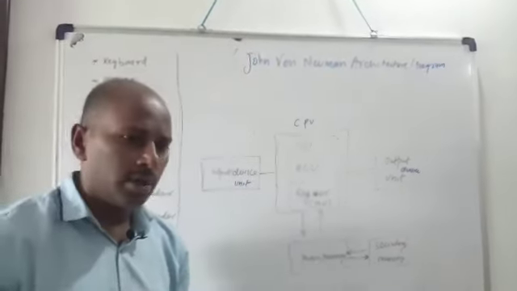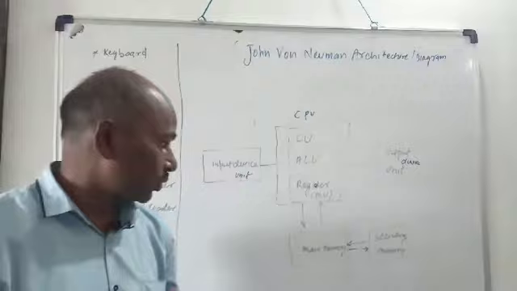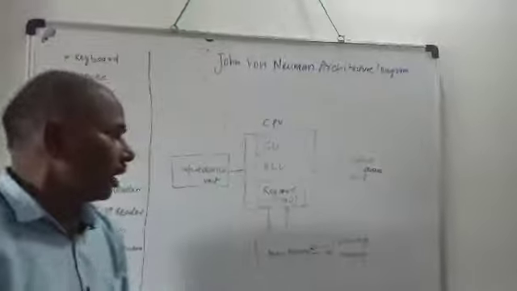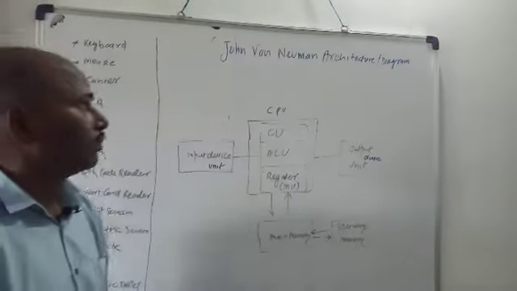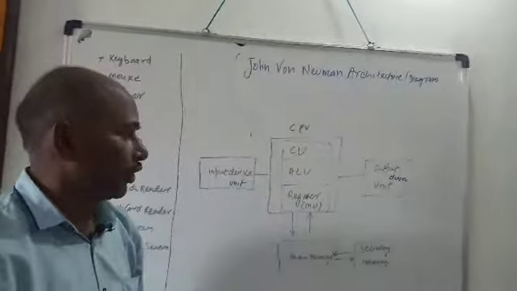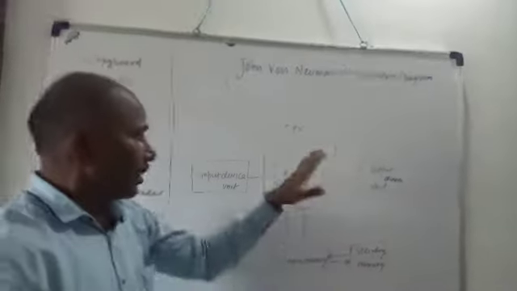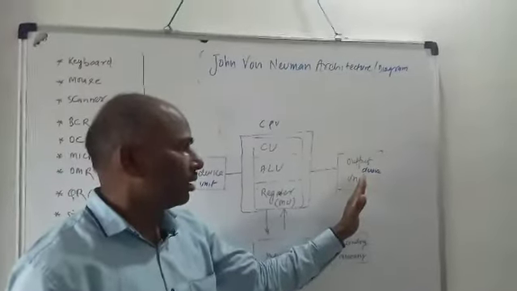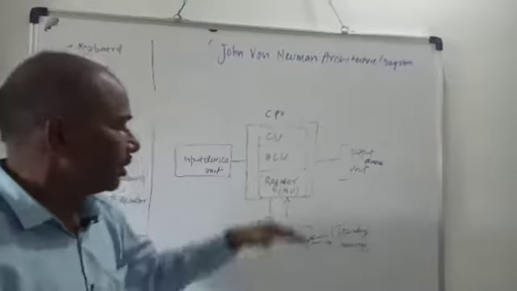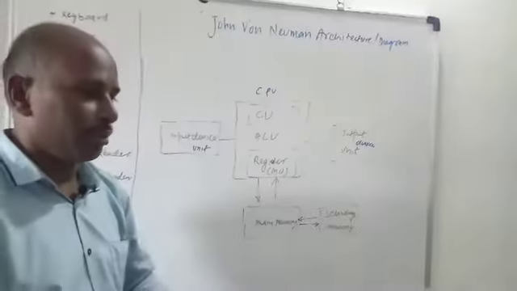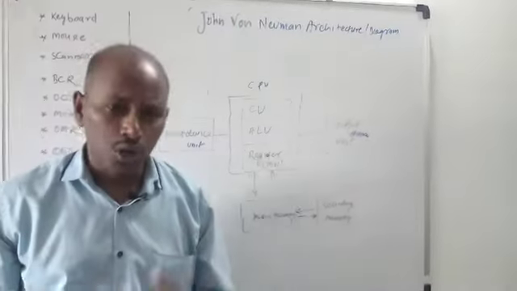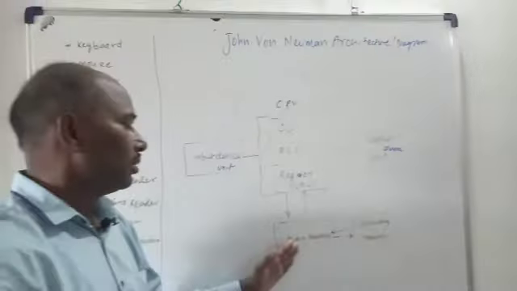This register stores the intermediate result for a few seconds, and this concept is very popular and was given by John von Neumann. After processing and before sending the data to the output unit, it needs to be stored in main memory. It means that the data we see on the output unit is stored in main memory.